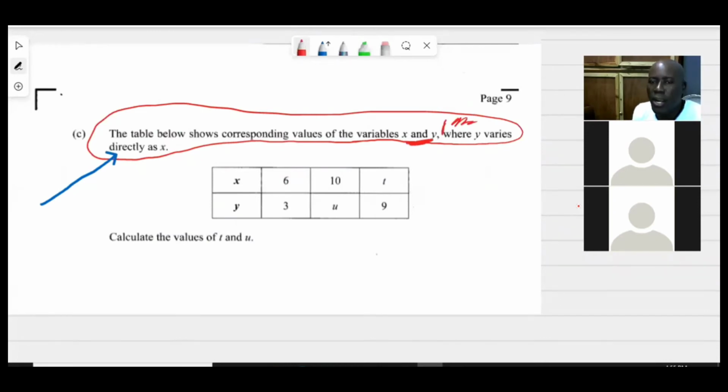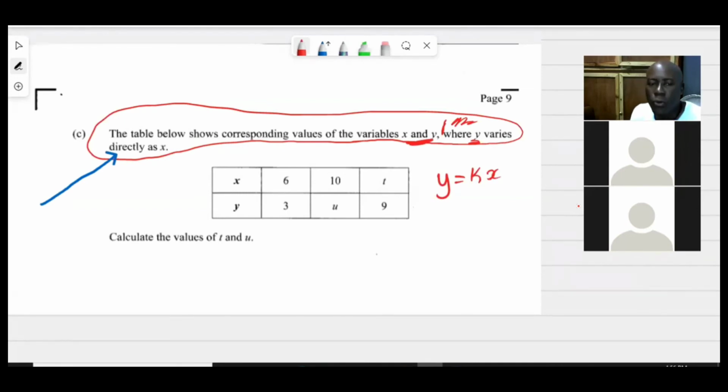Whenever you're doing a variation question, there is a formula that will tell what ought to be done. Whenever you hear that something varies directly, you write the thing, put equal, put a k, and then put the other thing. So this is saying y is equal to kx.